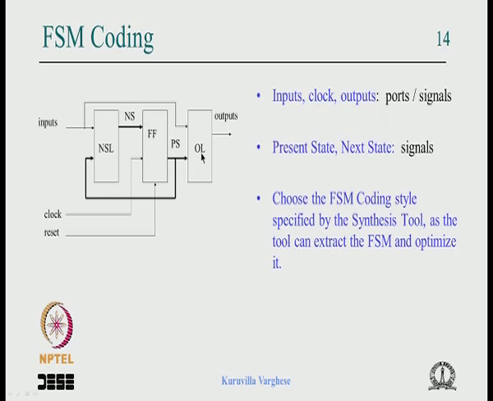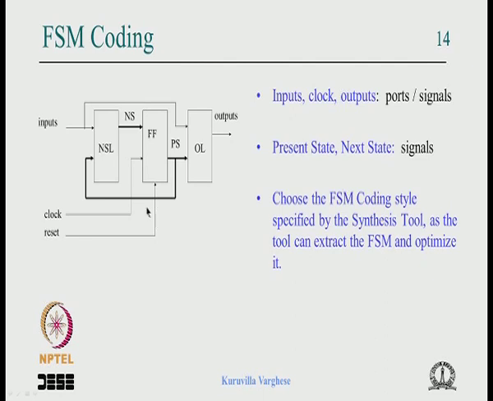But the important thing is that if the synthesis tool has to detect that this is an FSM, a finite state machine, and you do the coding as a combinational circuit, a flip flop and a combinational circuit, the tool may not know that all three together comprise a state machine.